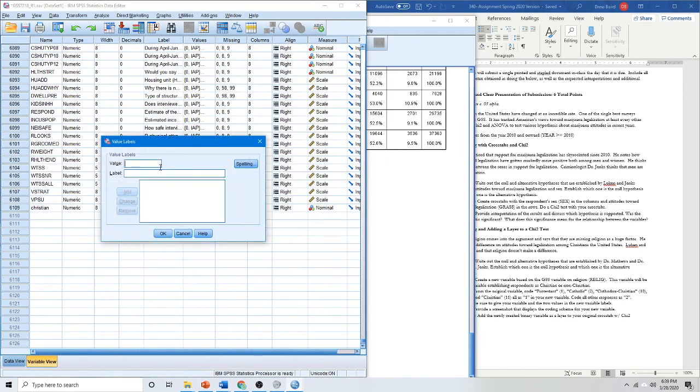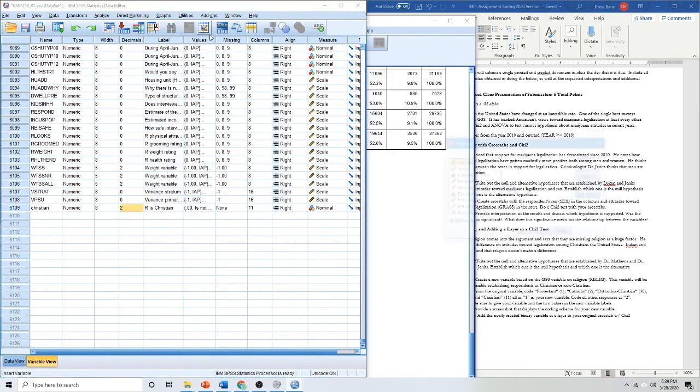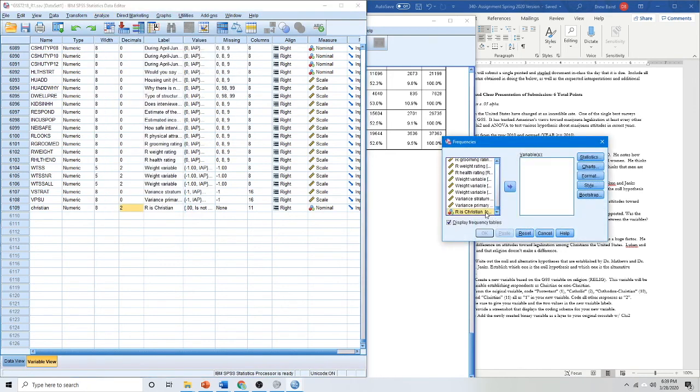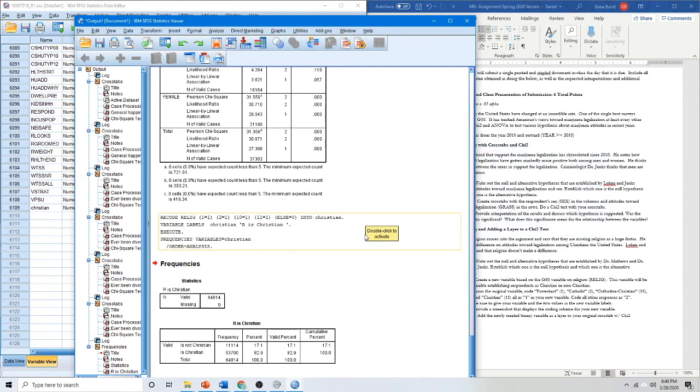So for value labels, 1 is Christian, and 0 is not Christian. So that is done. Go ahead and test it. Look at frequencies just to make sure it all makes sense. There you go. It looks like about 83% of our sample is Christian, which makes sense.